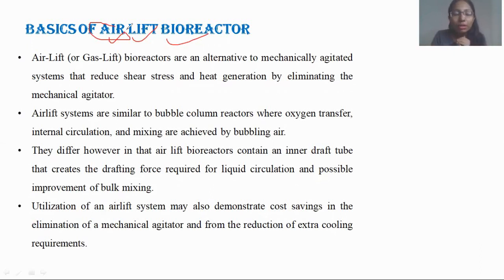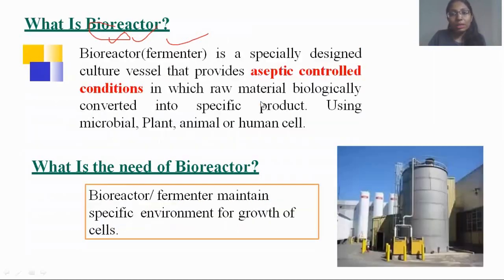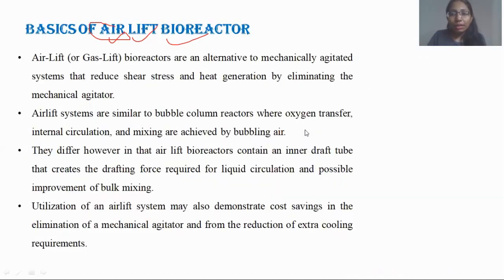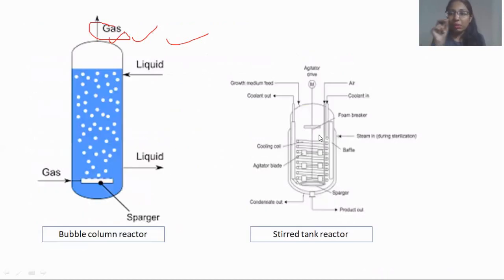Now you have learned about stirred tank reactors in the previous video, and if you have not watched that video, please go through it, I request you, otherwise it will be quite confusing for you. You have seen these stirred tank bioreactors in which continuous stirring is taking place. But what happens because of this continuous stirring?